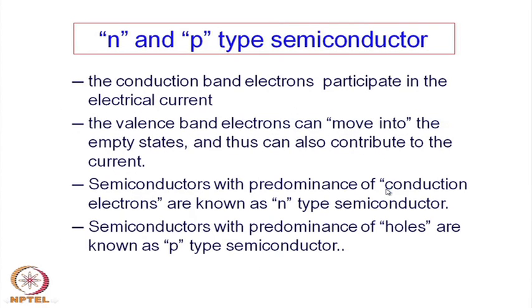And there are two different types of impurity ions. One is a donor type and the other is an acceptor type. So, accordingly we have two different types of semiconductors, the N type semiconductor and the P type semiconductor. When donor ions are available, that means the ions are donating electrons to the conduction band.